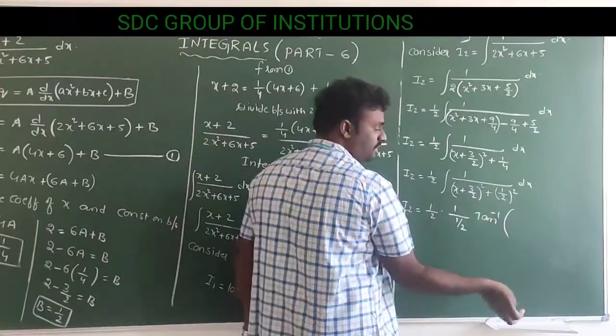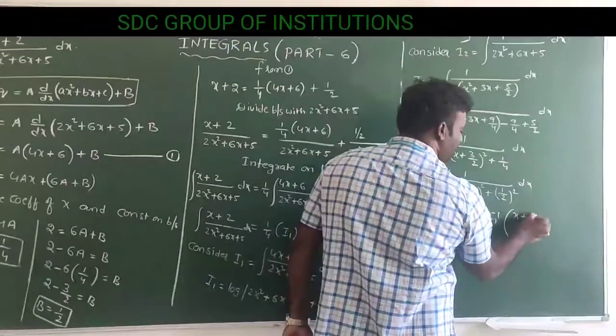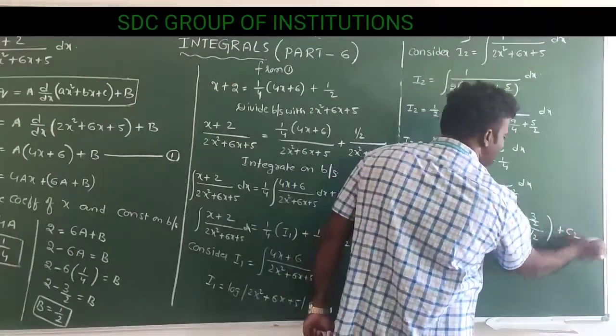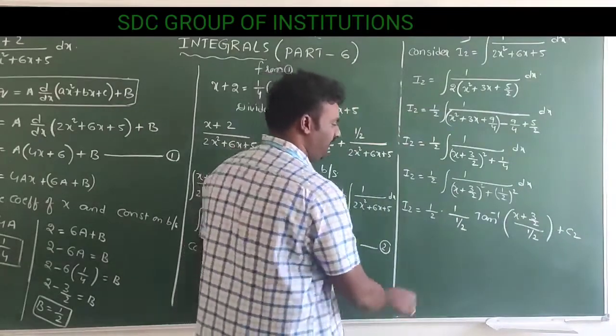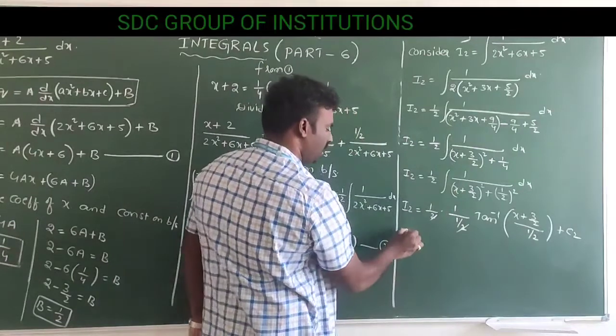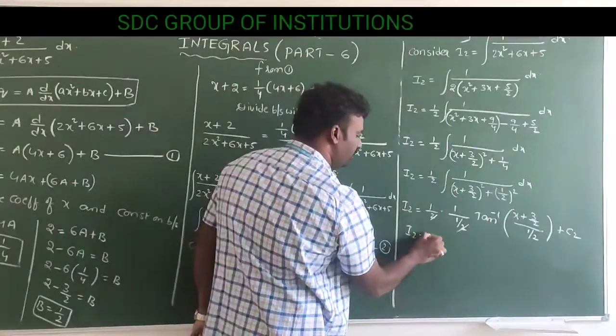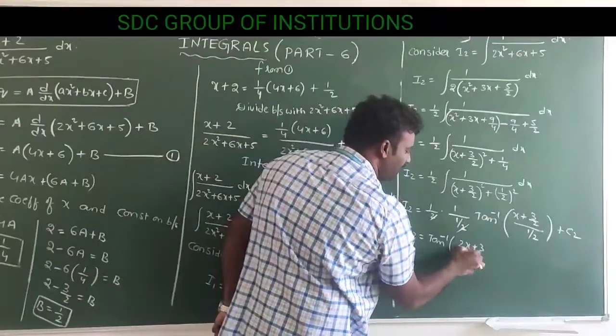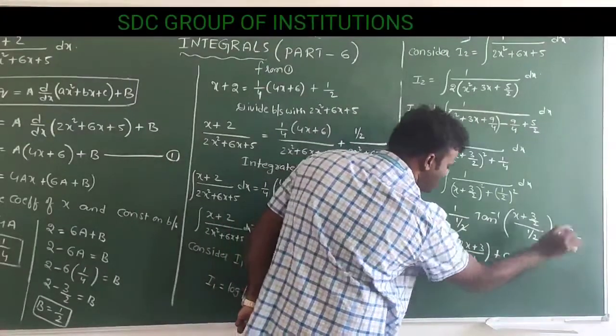What is a? A is nothing but the value present here, that is 1 by 2. And x means x plus 3 by 2, by a, that is 1 by 2, plus constant C2. Now if you simplify, this 2 and 2 get cancelled. Here you take LCM. I2 is equal to tan inverse of (2x plus 3) plus C2.